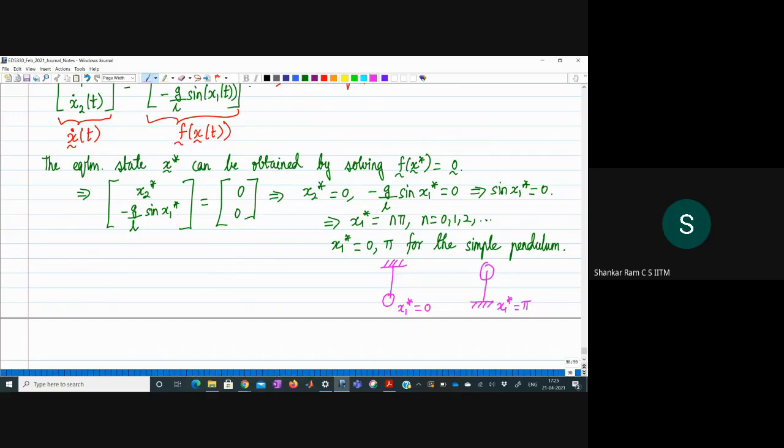In both cases x2 star is 0, so the equilibrium state vector x star in the downward case can be written as 0, 0, and in this case it can be written as pi and 0.